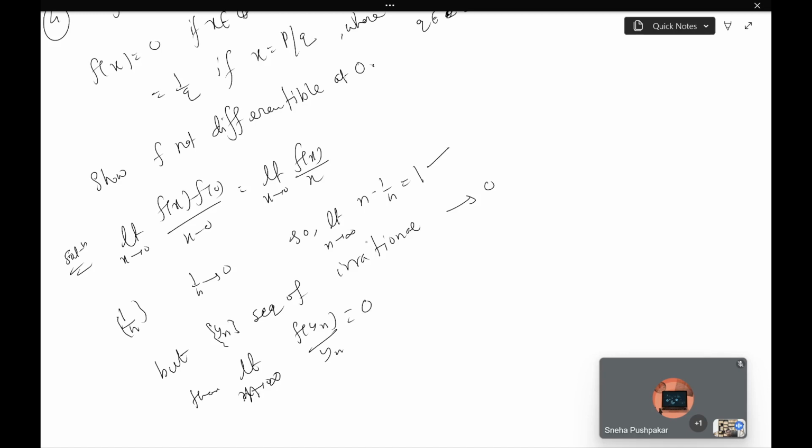So the two limits are different, so obviously the limit does not exist. So basically limit x goes to 0 of f(x) by x does not exist. So f is not differentiable. Do you understand the full solution?